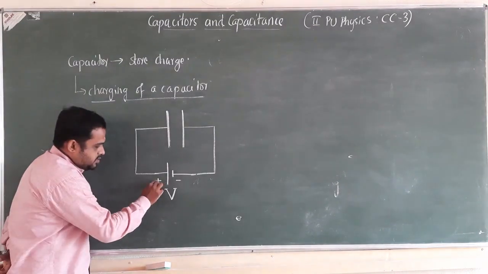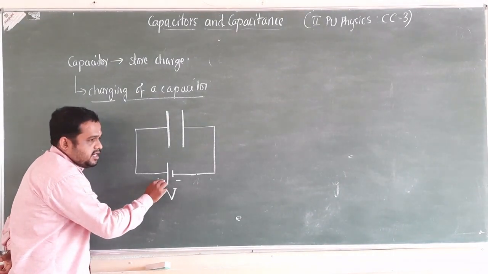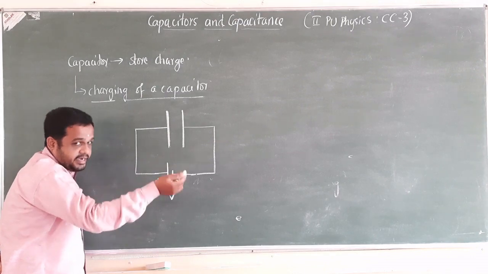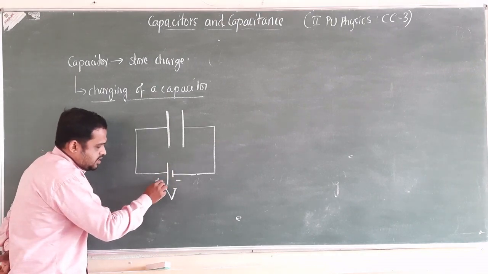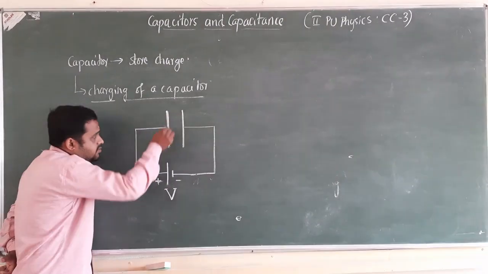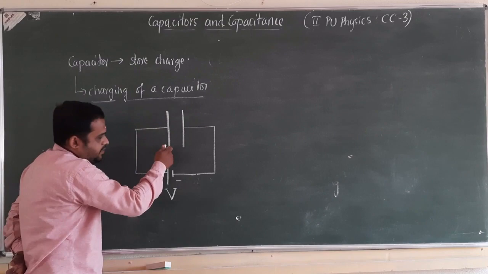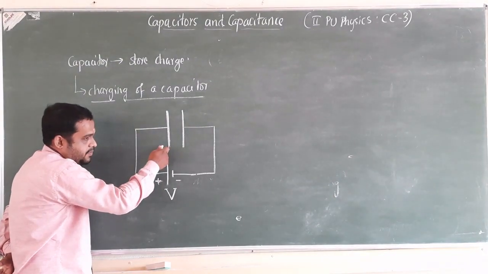We know that there will be a force of attraction between positive and negative charges. So, this positive terminal will attract negatively charged electrons from this neutral, uncharged plate of the capacitor.